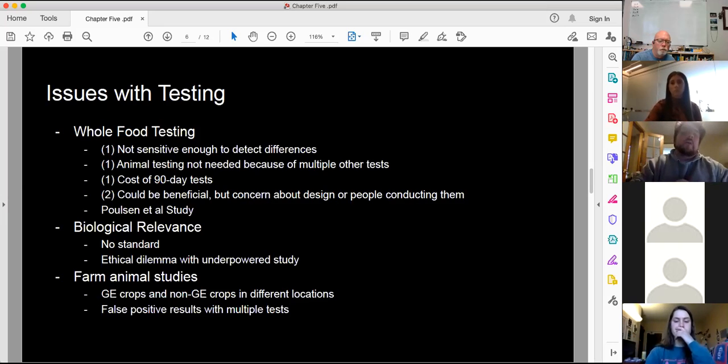But when a lot of people went back to this study, they found there were actually a lot of significant differences, like the size of the rat's liver and kidney. But the scientists did not think it was biologically relevant to include them in the study. And so a lot of people were going, wait, what does biologically relevant mean? There's no standard for that. That's where a lot of the inaccuracies in the tests came out.